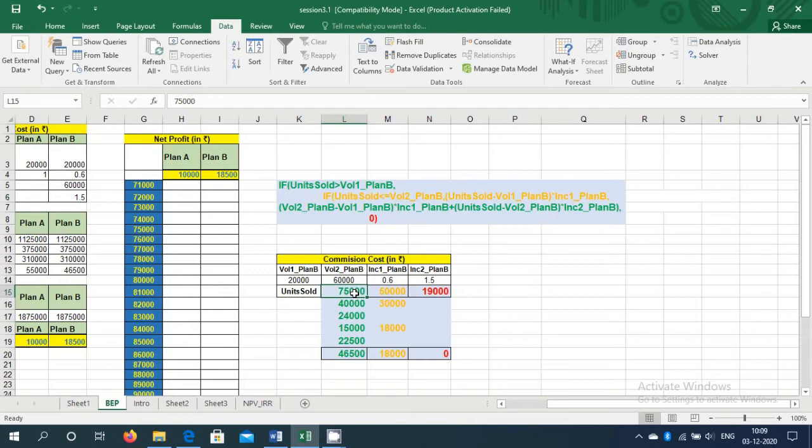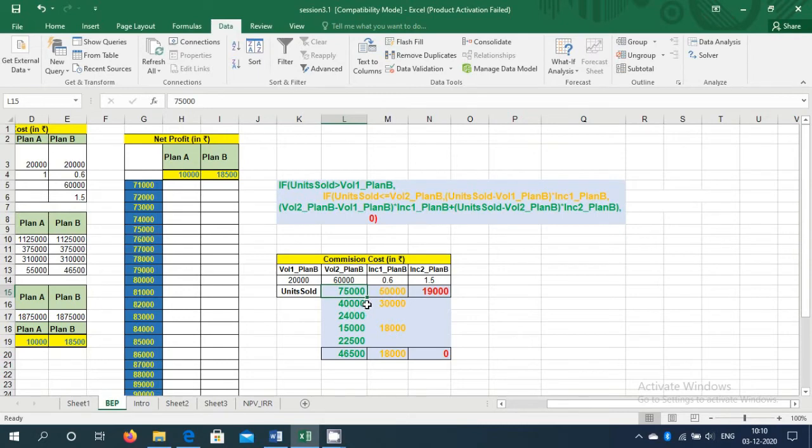So for the case of 75,000, the units sold is more than volume 1 plan B, that is more than 60,000. Then it will come to this one: volume 2 plan B minus volume 1 plan B. So 60 minus 20 is 40,000, you can see over here.